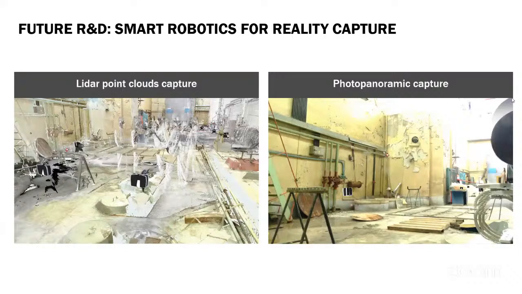And we did a survey of an area. On the left, you can see the result of the laser scanning. As it was an experimental part, you can even see some personnel in the picture. And on the right side, we have the static photopanoramas of the same area.